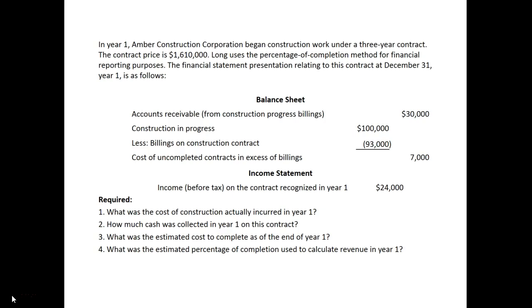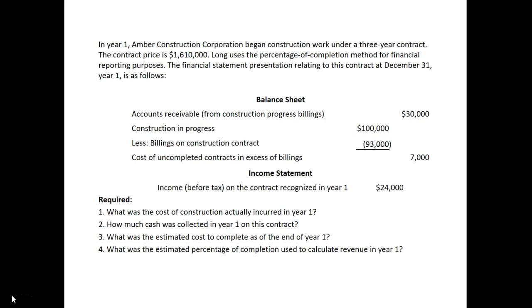next we are going to look at exercise 5-22, where Amber Construction began construction for a 3-year contract. The contract price is $1,610,000. The company uses the percent of completion method. The financial statement presentation is shown as follows.